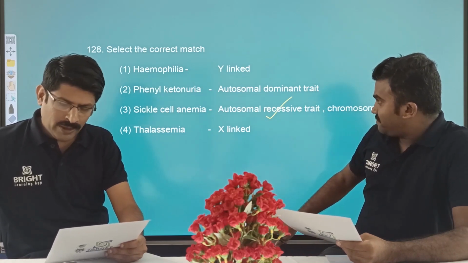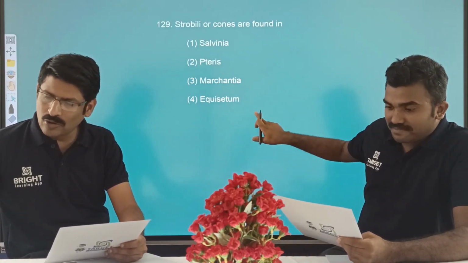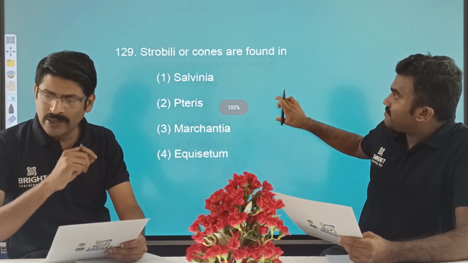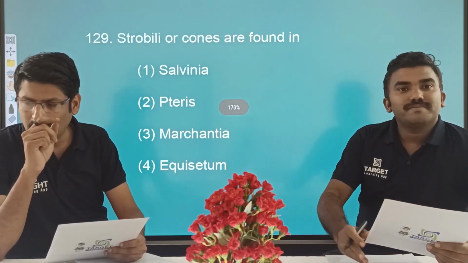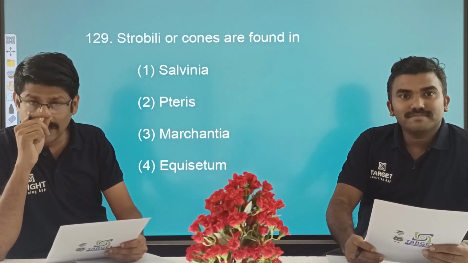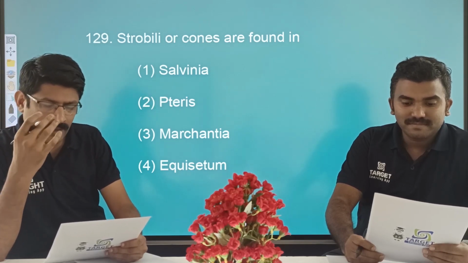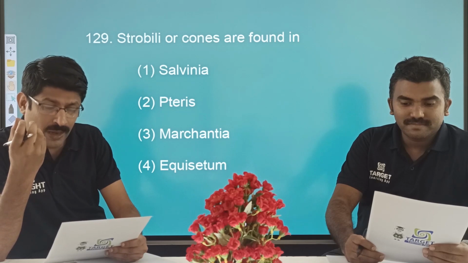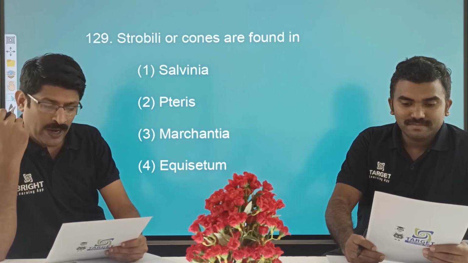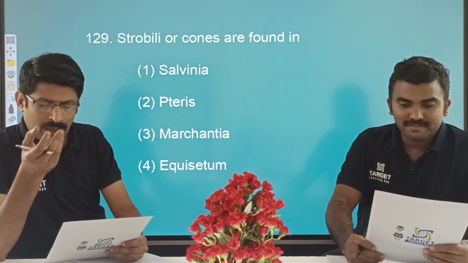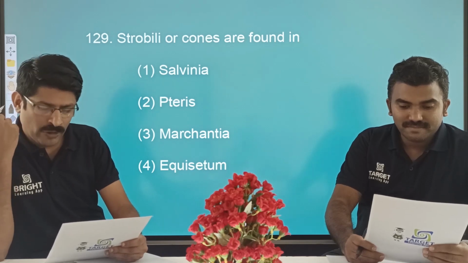The next question: the strobili or cones are found in. That's a question from Plant Kingdom, page number 36 of the plus one textbook. All these are examples from the pteridophytes. Salvinia, no. Pteris is also producing spores.